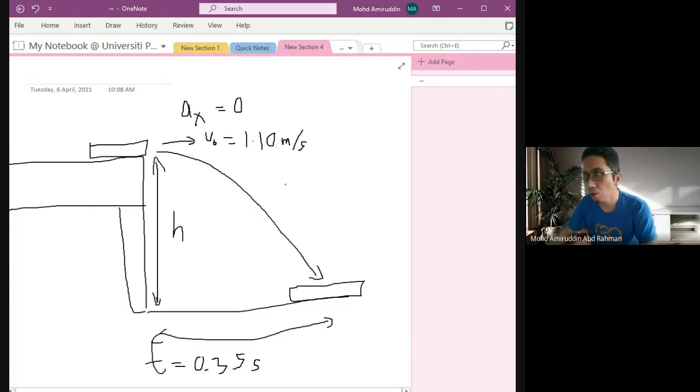You also have the y component, right? So you have x and y components. For the y component, the acceleration, a y, of course, it will be due to gravity. Because it's going down, it is minus 9.8 meter per second squared.